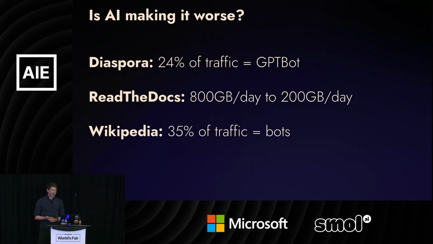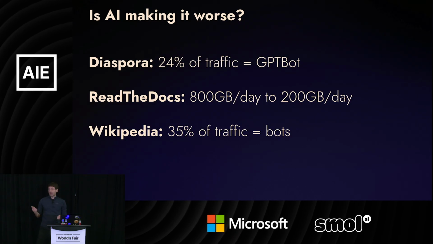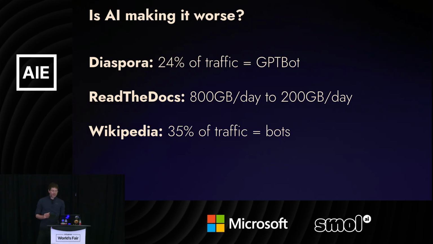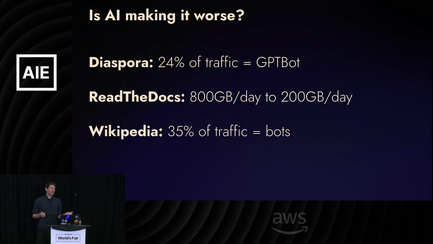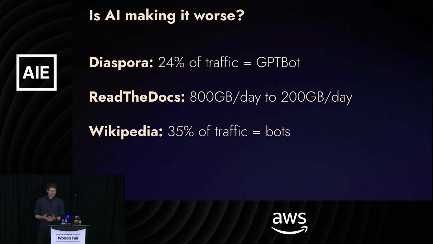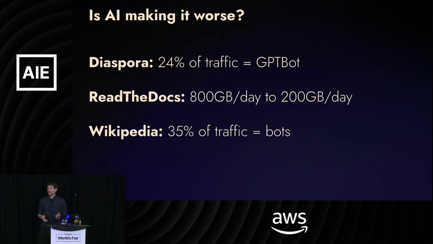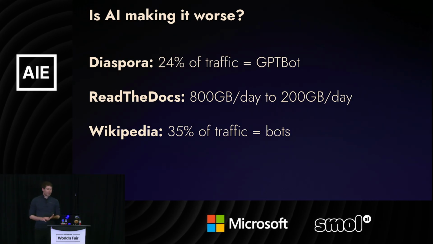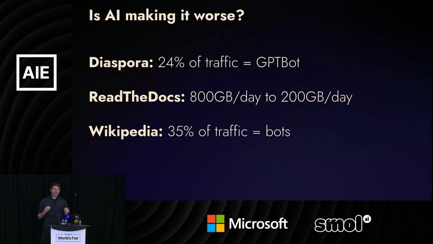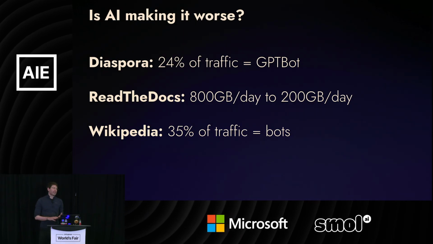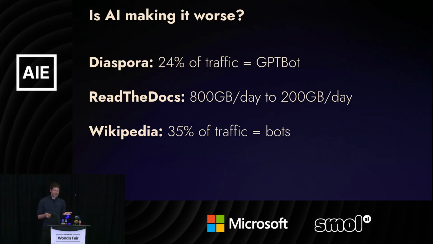For instance, Diaspora, which is an online open source community, saw that 24% of their traffic was from GPTbot, which is OpenAI's crawler. Then Read the Docs, which is an online documentation platform for code projects, found that by blocking all AI crawlers, they reduced their bandwidth from 800 gigabytes a day to 200 gigabytes a day.